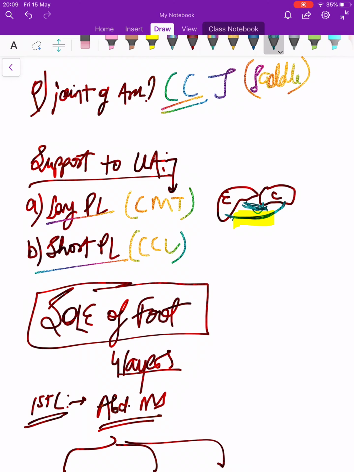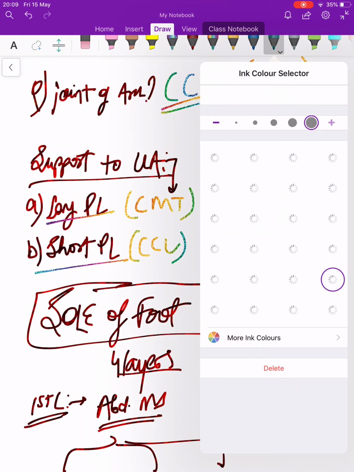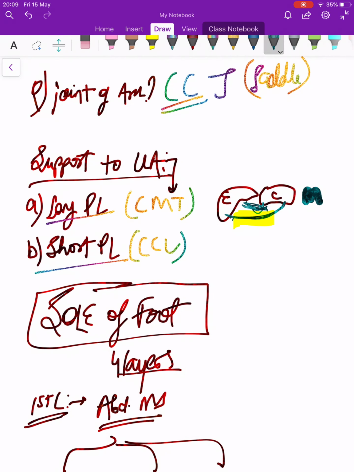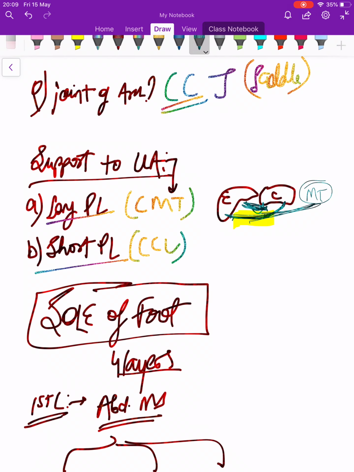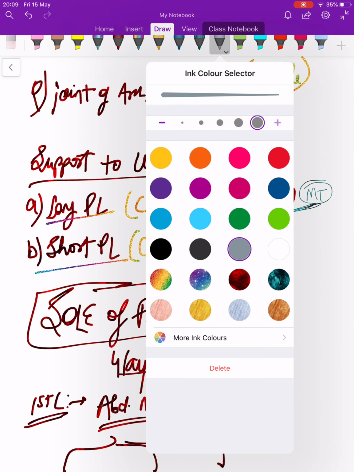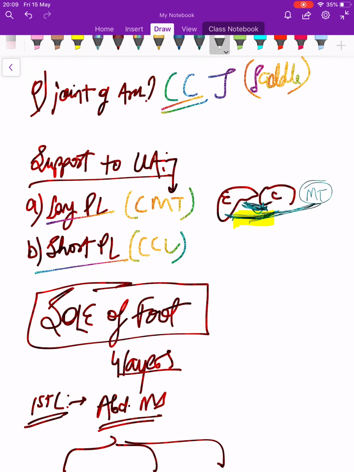Sorry, this should have come here. If this is the metatarsal, look, so this one will be the long and this one will be the short plantar ligament.